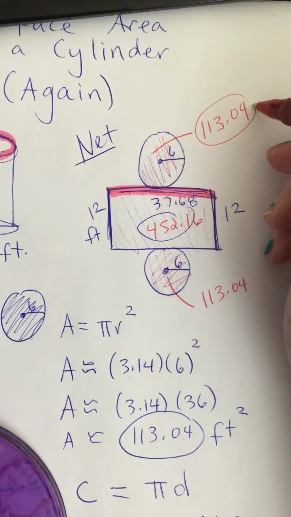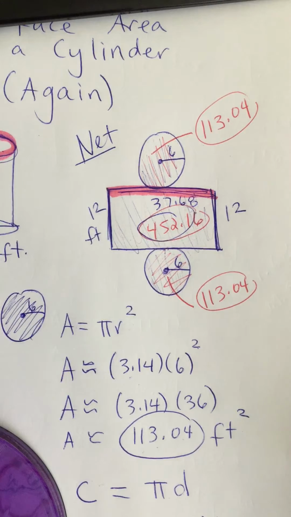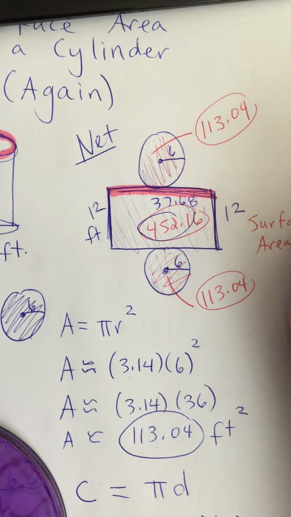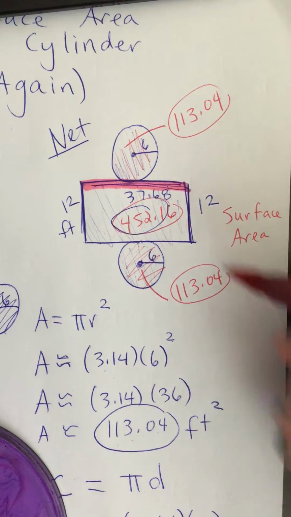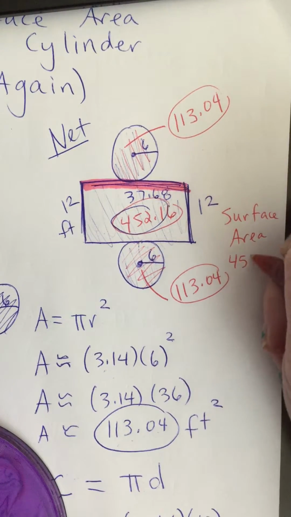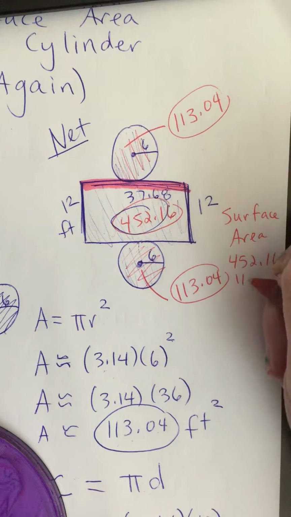All right, we need the surface area of the whole cylinder. So I'm going to take this one, the area of that, the area of that, and the area of that, and add them all up. All right, so finding the surface area. I'm going to take 452.16, and I'm going to add 113.04.